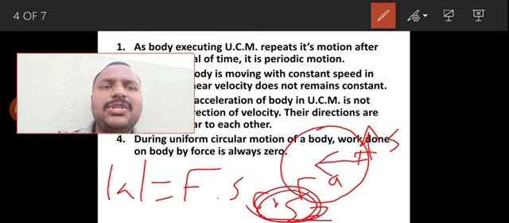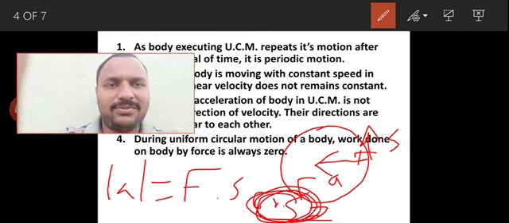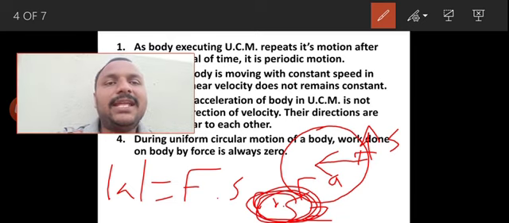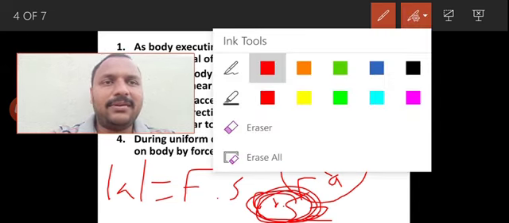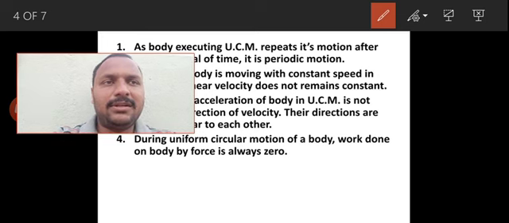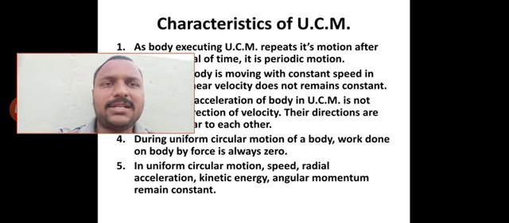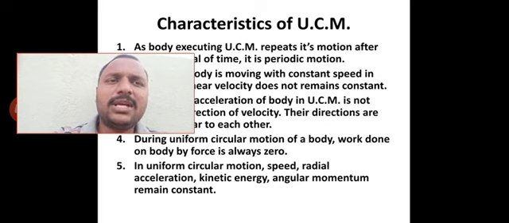Cos 90 is 0. Therefore, work done is 0. Then we can say that in a uniform circular motion, work done on a body by a force is always 0.